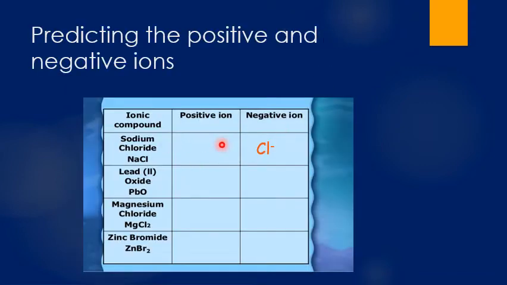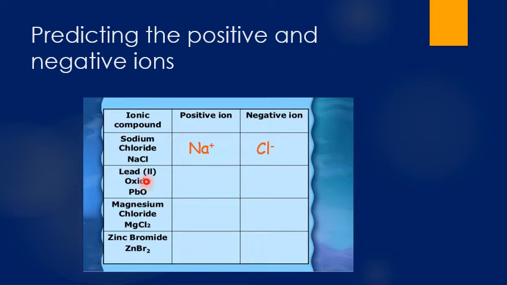So here we are going to be identifying the positive and the negative ions in different compounds. Okay, so sodium chloride, we already have the negative, so the positive is going to be the metal. Yes, the metal, which is your sodium. Good. Now, in each compound, remember you're going to have a positive charge and a negative charge.